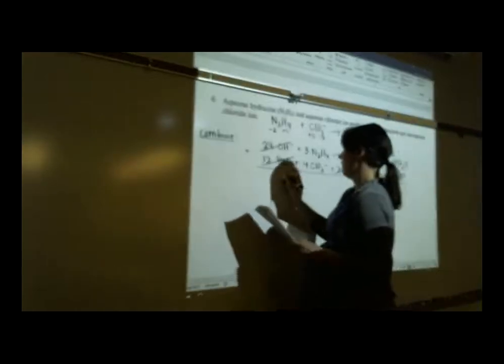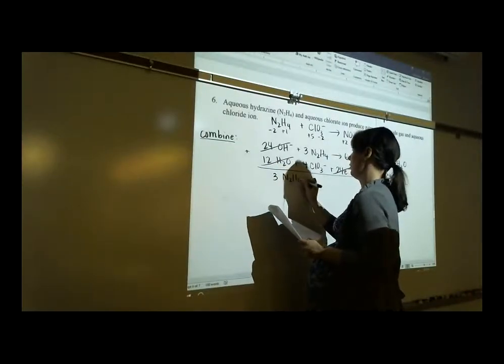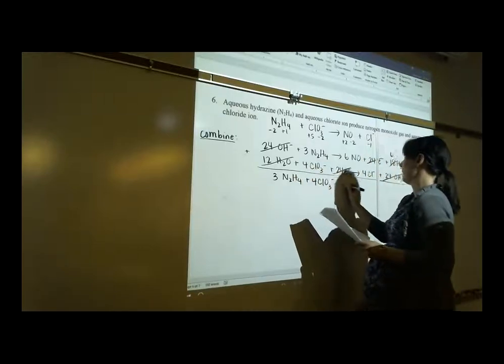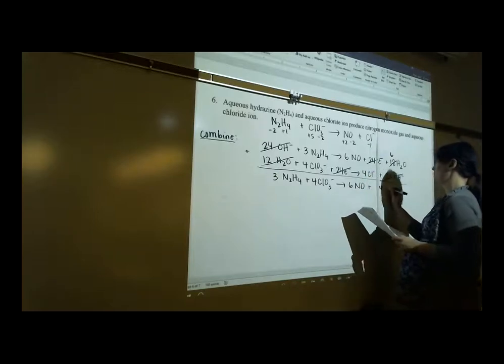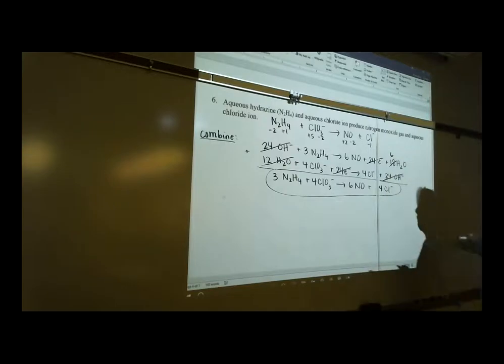So we're left with 3 N2H4, 4 ClO3 minus, 6 H2O, plus 4 Cl minus. And there's our final redox reaction. Okay, we have 2 more to go.